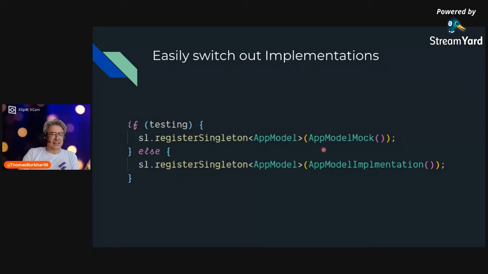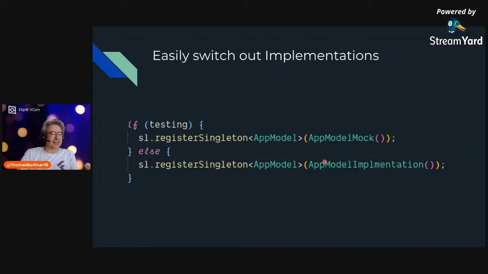The reason for this is that we can easily switch out implementations between a mock object or the real application, and the whole rest of the application does not change at all. They always request an app model, and they all get an object with the app model interface, but the actual implementation can easily be changed.